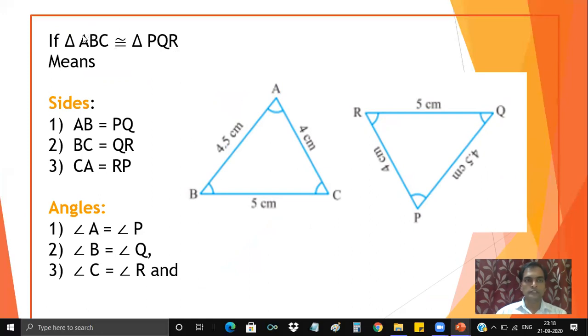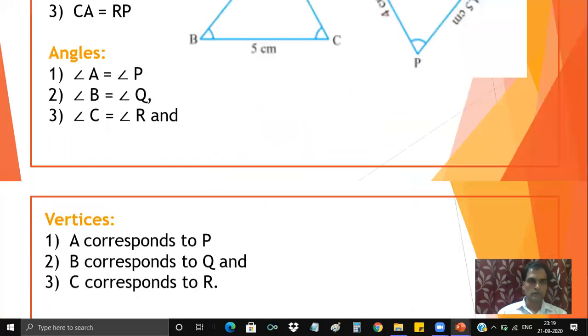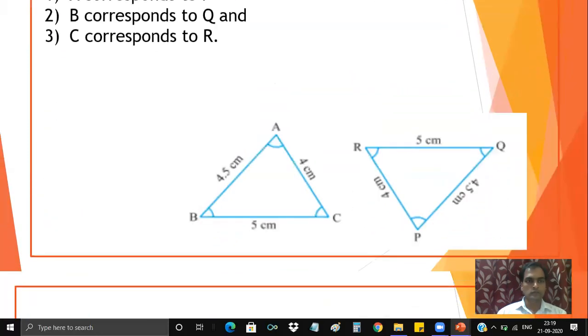In the first triangle, the first letter is A. In the second triangle, the first letter is P. So A corresponds to P. Similarly, B, the second letter, corresponds to the second letter Q. And C, the third letter, corresponds to the third letter R. So this is known as one-to-one correspondence.